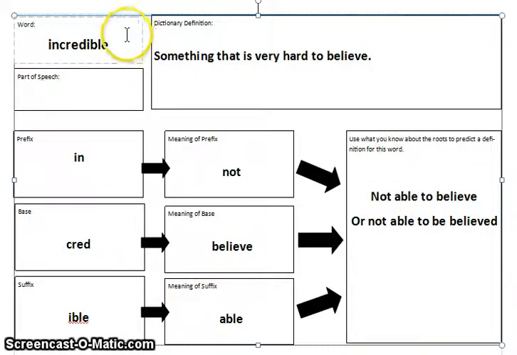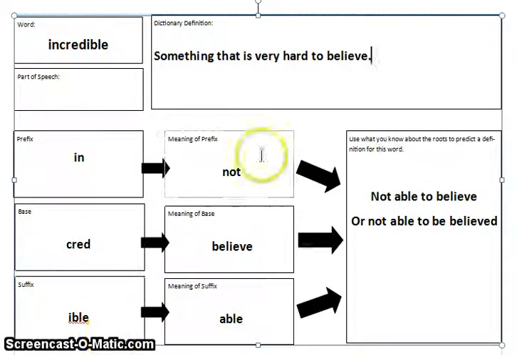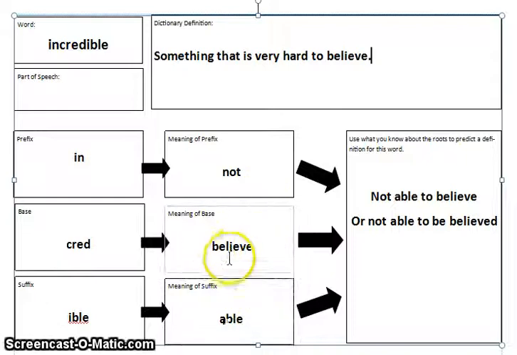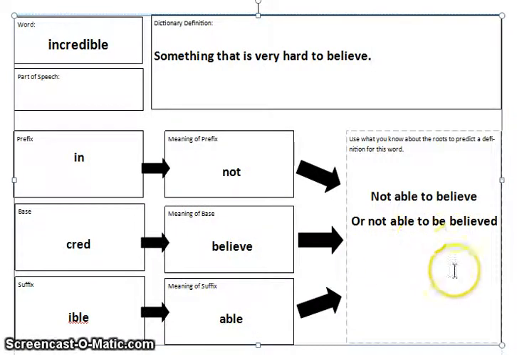So I was able to take this word, break it down into its three parts, guess what these parts mean, or in this case, look it up because it is on my list, and I was able to make a pretty good guess. So had I not known the word incredible, I would now have a pretty good idea of what it means.